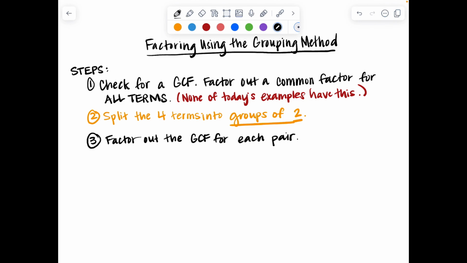So this will be what you did in yesterday's practice, but you're going to be doing it twice because there'll be 2 pairs. And then you'll factor out the common binomial.